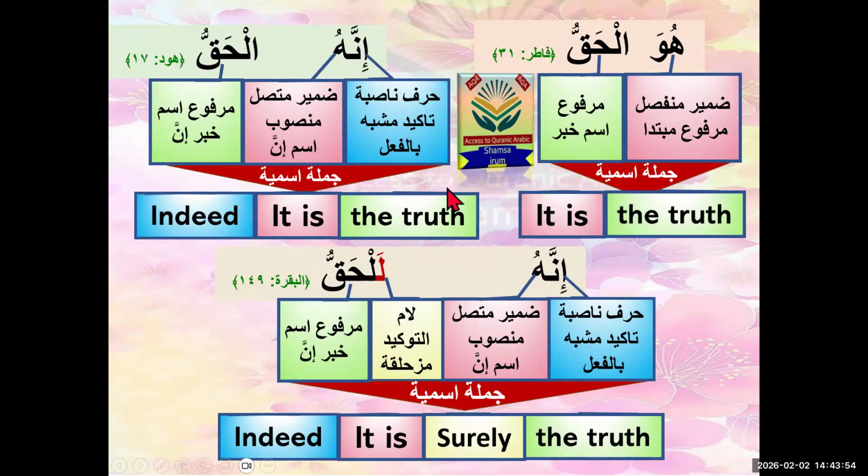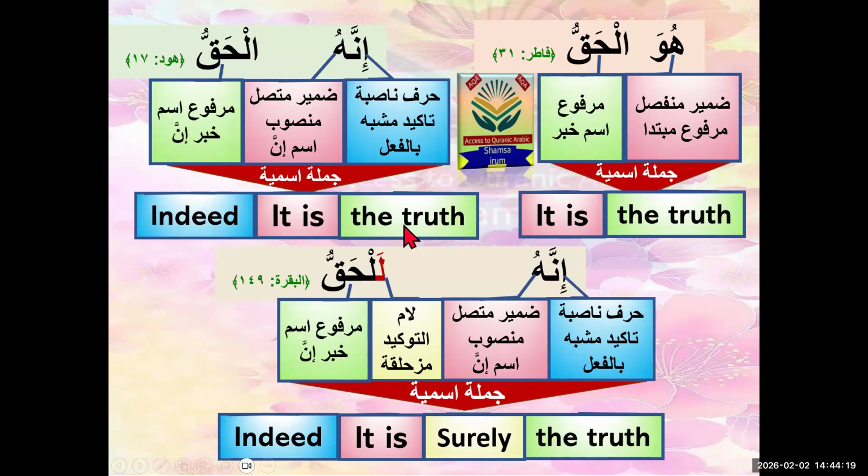In the sentence, it is the truth, there is only one type of emphasis, because the khabar here is marifa. And in this part of the ayah there are two types of emphasis. The first one is inna, and the second is because the khabar is definite, is marifa, so there are two types of emphasis in this jumla ismiya.